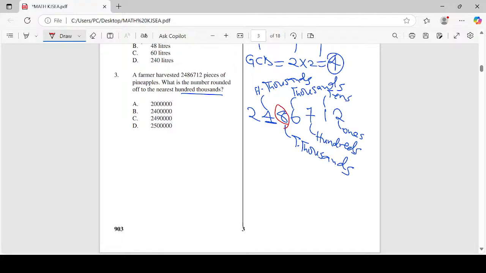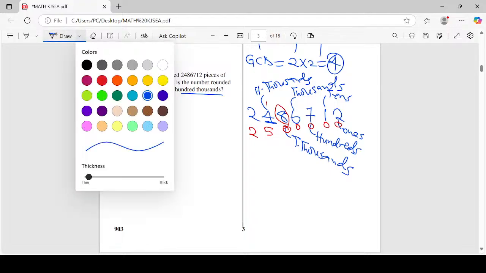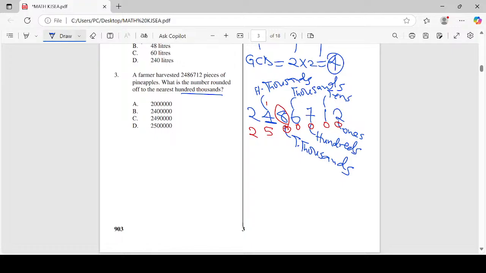The other numbers will become 0, 0, 0, 0. Because this number, 8, is greater than 5, it also becomes 0 and increases this one by 1, making 4 plus 1 equal 5. Then this is 2. That becomes 2,500,000, which gives us choice B as the correct option.